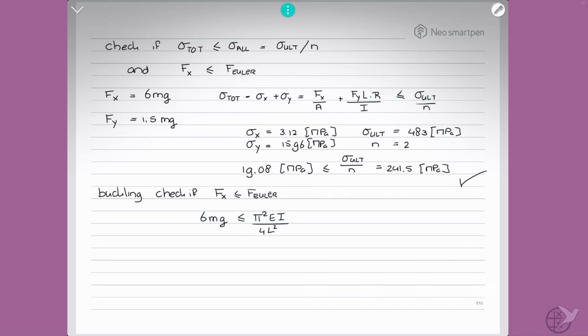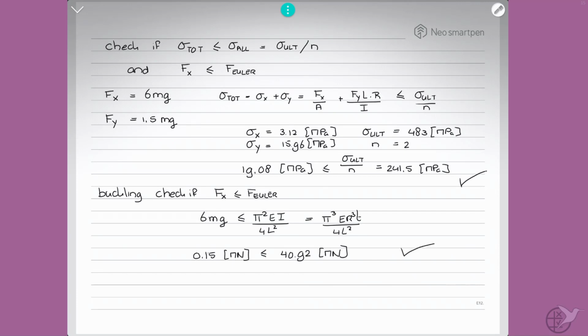And this is, if you write all this nicely out, pi cubed E r cubed T over 4L squared. And you find that 6 mg is equal to 0.15 meganewton, and a meganewton is a million newton, and that has to be smaller than the Euler buckling load, and if you substitute all the numbers, that is 40.92 meganewton. So that means that both requirements are met.